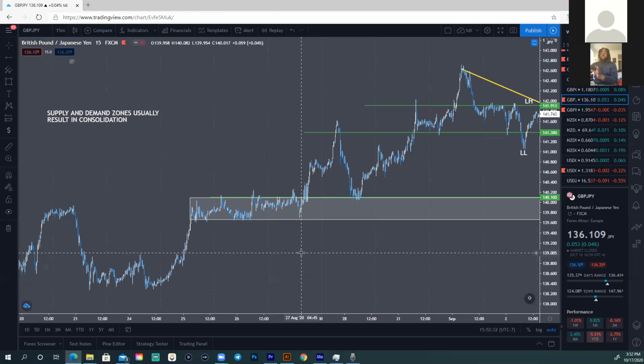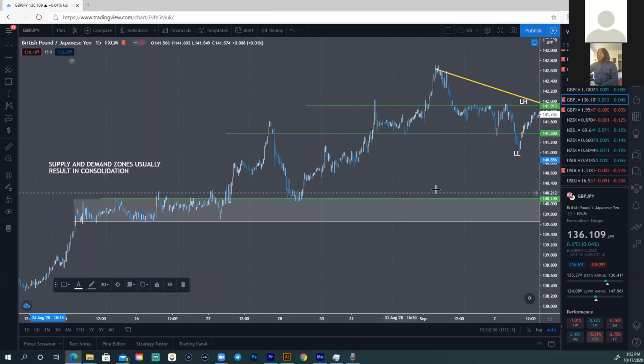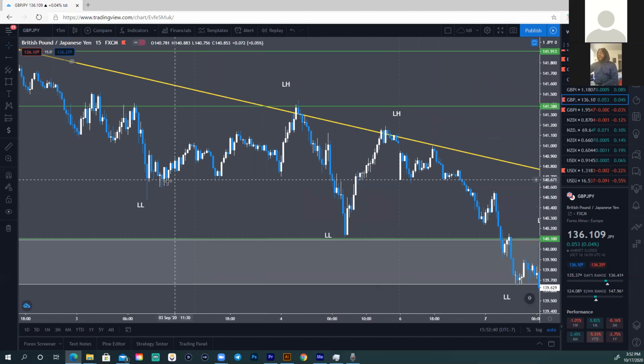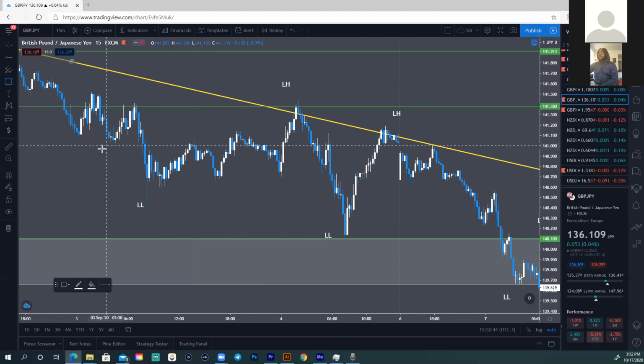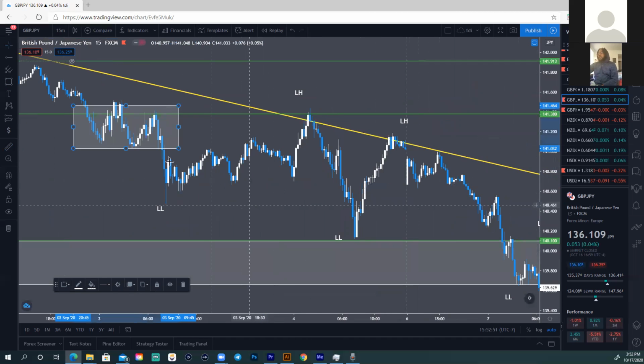That's just a little sauce that I wanted to put in here, talking about consolidation, because that's how a lot of plays happen, right? Right here, it's consolidation. This right here, consolidation. What happened? We finally had the breakout.